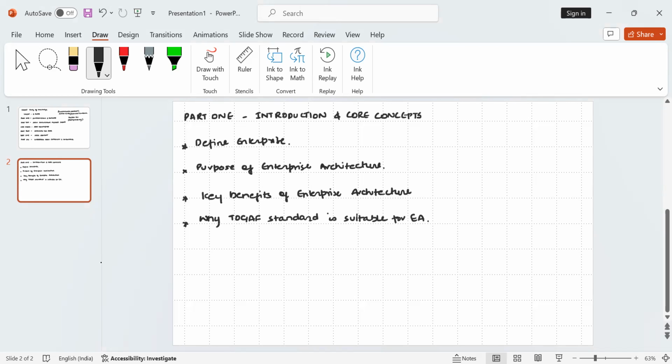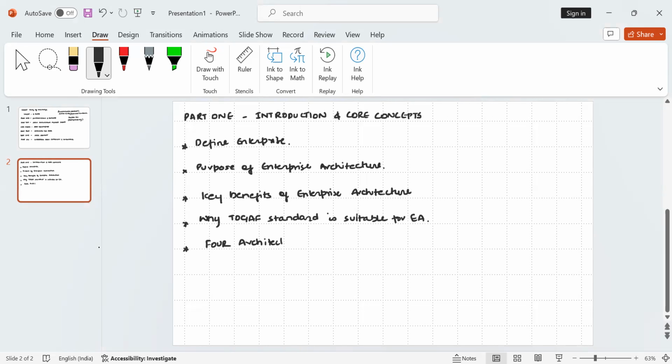We have to choose among a lot of frameworks, right? And here, as a practitioner, once you have got certification on your foundation exam, you should be able to sell to people why the TOGAF standard is suitable for enterprise architecture. Then we need to understand what the four architecture domains are.